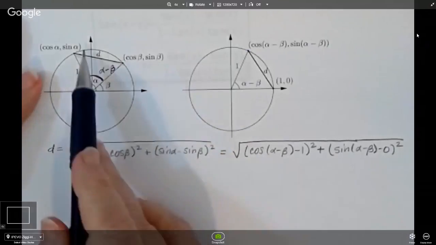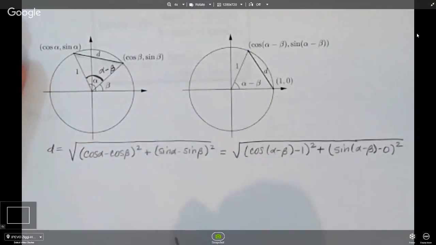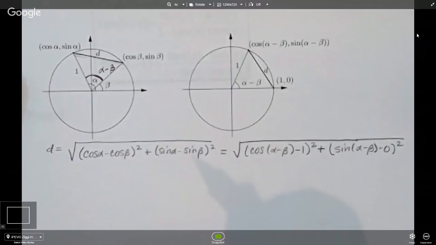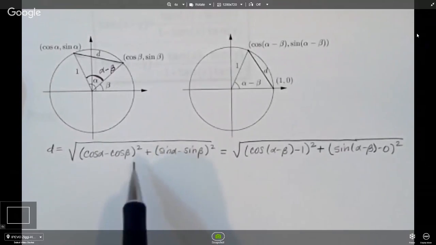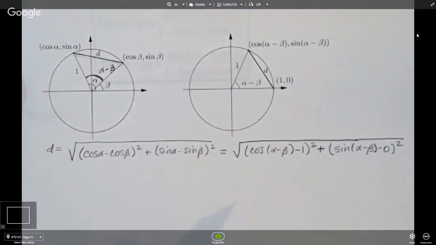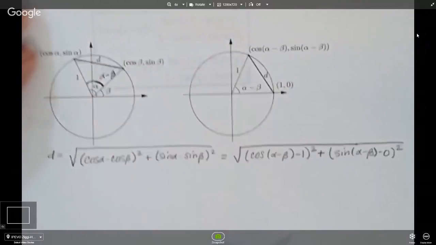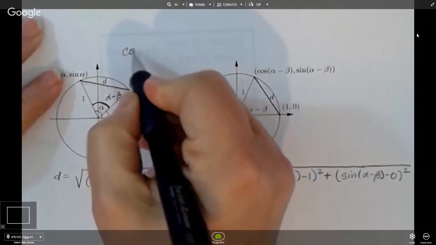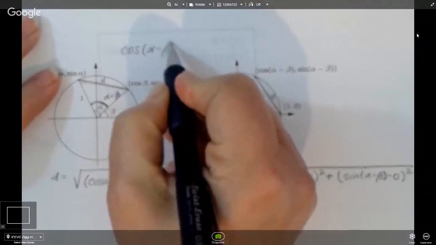All right, and they're both the same distance, so these two quantities are equal to each other. What I'm going to do now is expand the left side and the right side and see what falls out of that, all in an effort to find out what the cosine of alpha minus beta is.